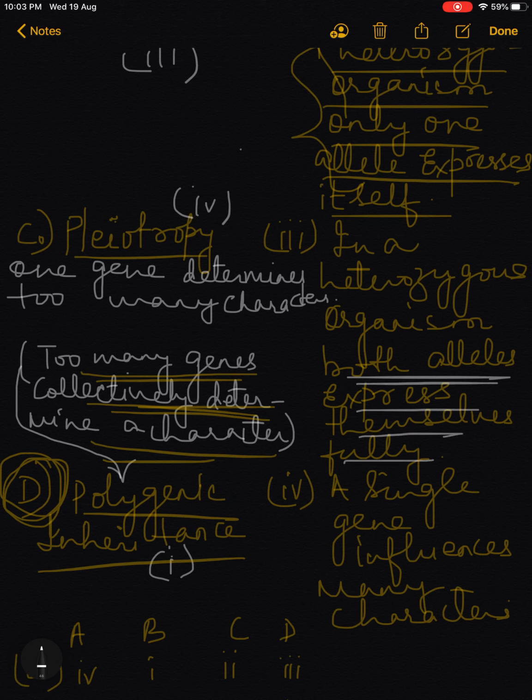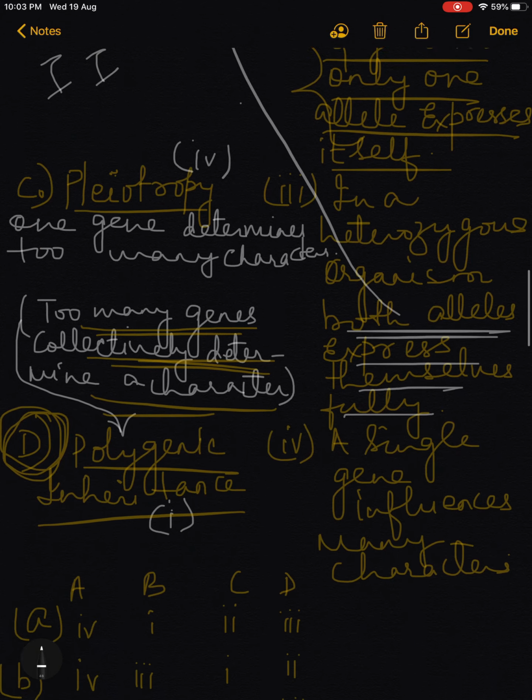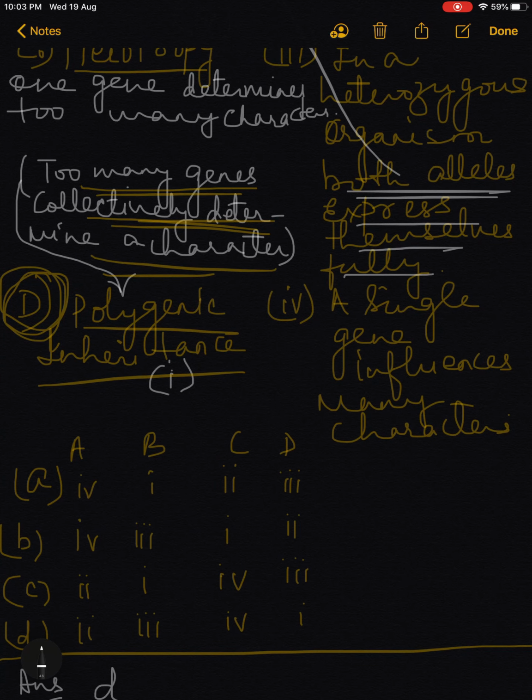When both the alleles express themselves, then it is a case of codominance, as we have seen in the IAIB situation, right? And last, one single gene influences many characters.